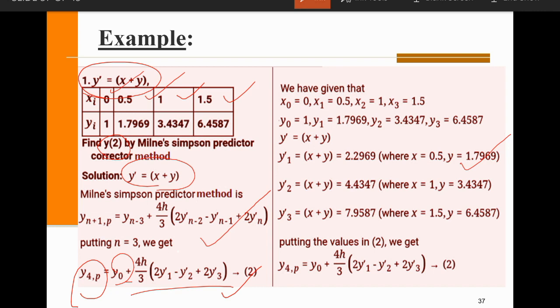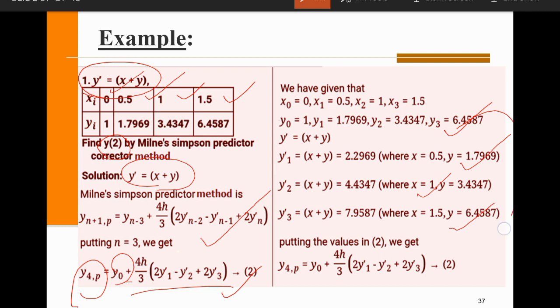See, you will substitute x0 y0 to get y0 dash. To get y1 dash, you will substitute the values x1 y1. To get y2 dash, you will substitute x2 y2. To get y3 dash, you will substitute x3 and y3. So all these values, when you substitute, you will get the values of y0 dash, y1 dash, y2 dash and y3 dash.